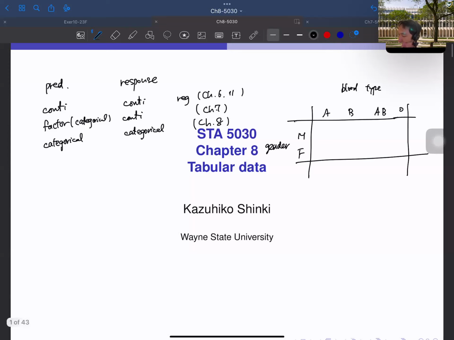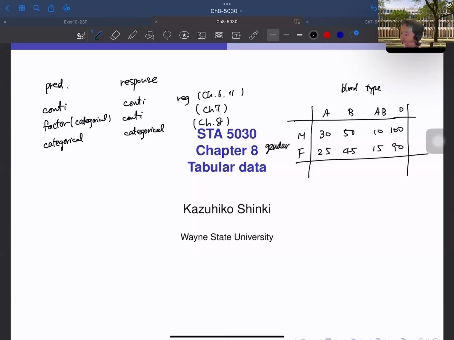We have some counts such as 30 or 50 or 10 or 100 and 25, 45, and maybe 15 and 90. We have to have a method to analyze the tables. That is the point of chapter 8.